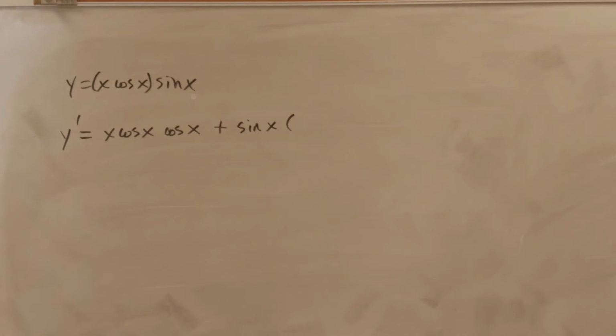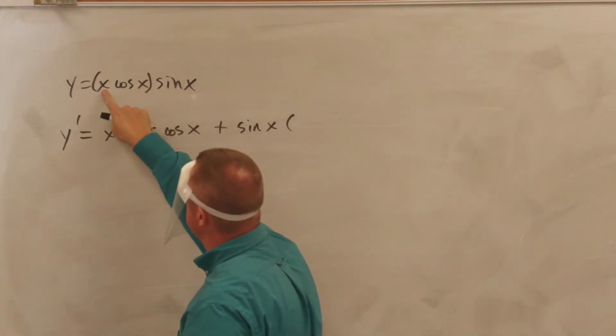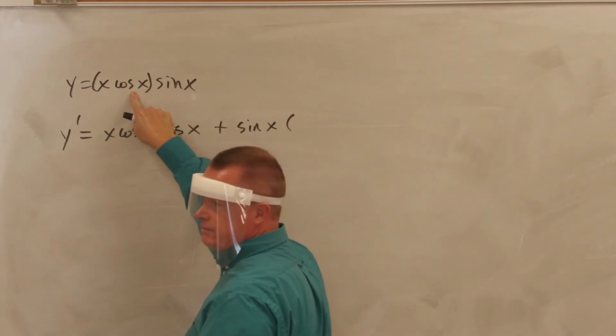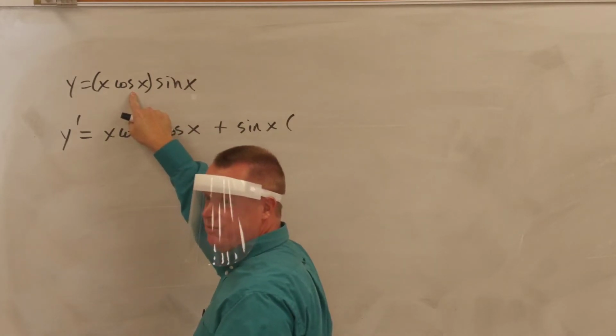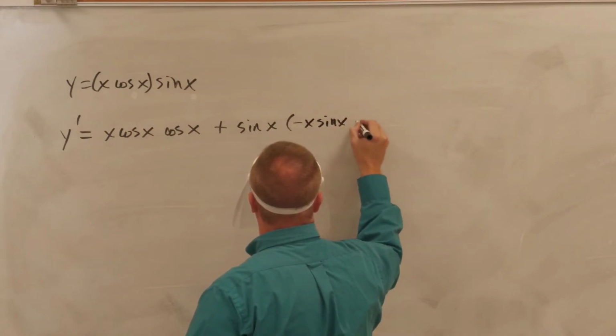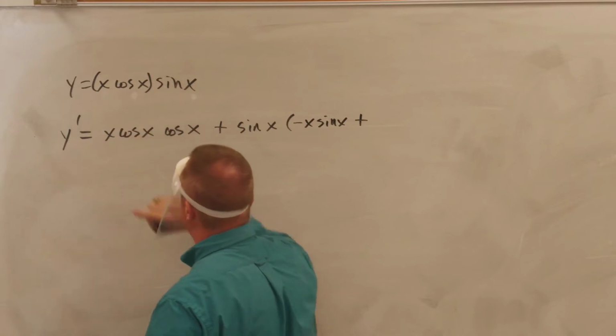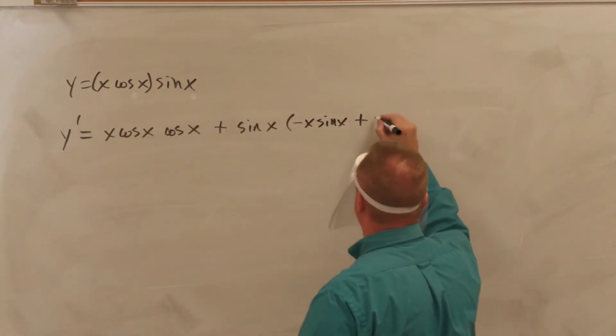So I got to use the product rule again to take the derivative of x cosine x. Okay? So to get the derivative of this, I'll say the first times derivative of the second. So derivative of cosine is negative sine. So negative x sine x plus the second times derivative of the first. Derivative of x is 1, so that would be cosine x.